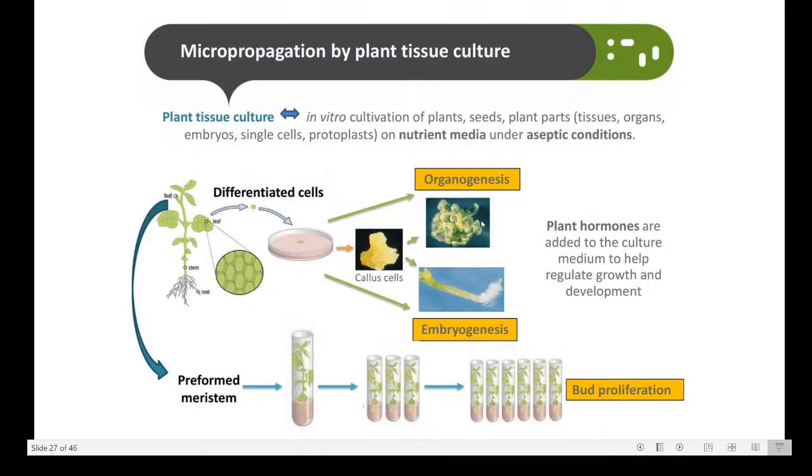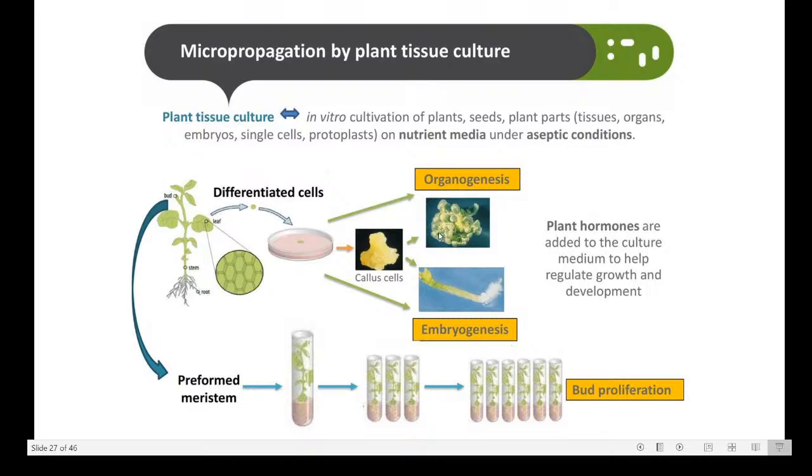In this micro propagation, first we have to collect a particular portion, a small part of the leaf or stem, anything. Then we have to differentiate the cells on the inner plate. In the tissue culturing process, we can get the callus cells. Then those callus cells go through the embryogenesis process, and it promotes the organogenesis process.